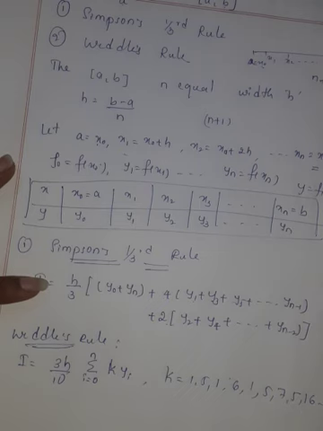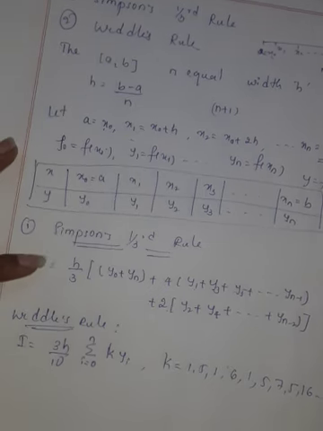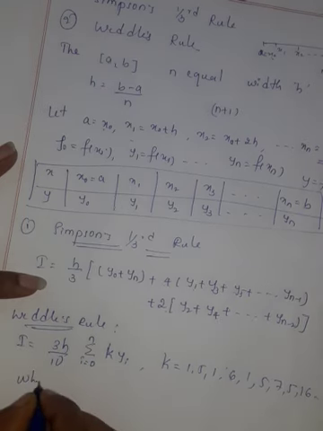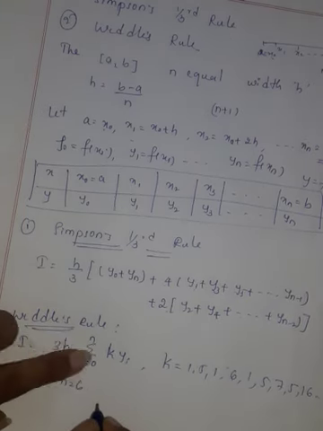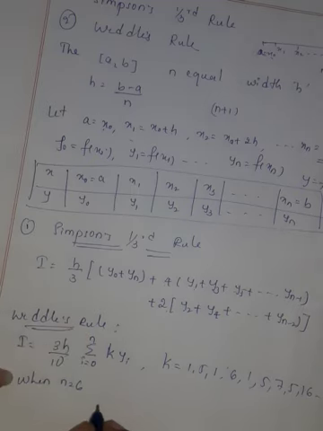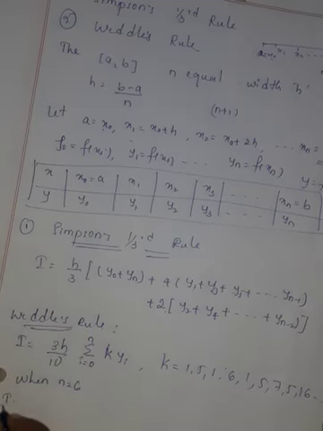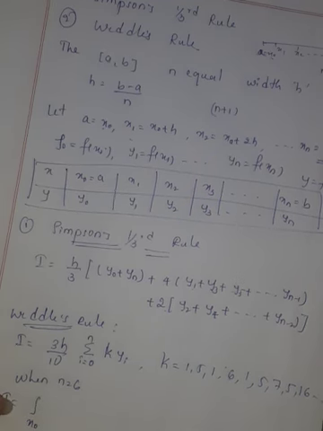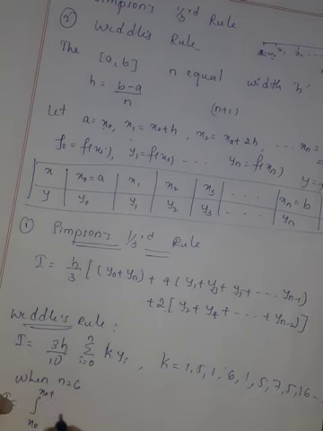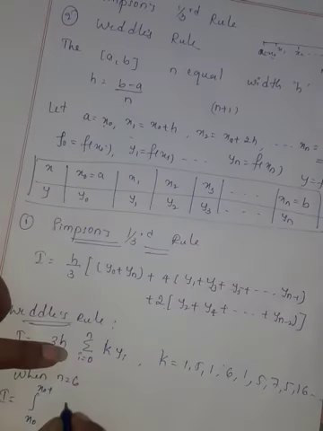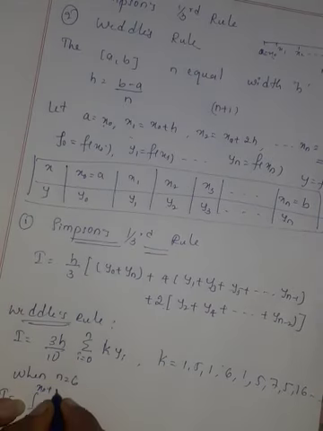The value of k is this, and it should be noted that when n is equal to 6, Weddle's rule is given as I is equal to the integral from x0, that is a, to x0 plus nh, which is b. Here we have n equal to 6, so 6h.